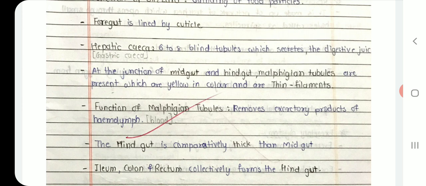In the same way here in the cockroach there are hepatic ceca, and they are said to be the gastric ceca, and they are responsible for secreting the digestive juices. Once the digestive juices are secreted, what happens? It becomes much easier for the food to be digested in a proper manner, right? So here there will be 6 to 8 blind tubules which are known as hepatic ceca. They are also known as gastric ceca.